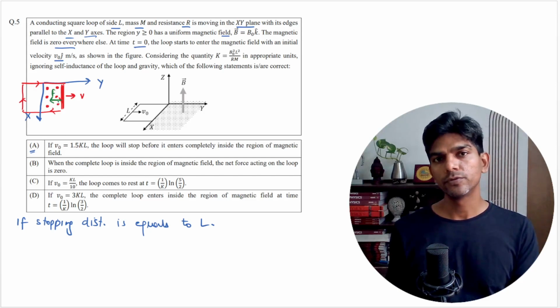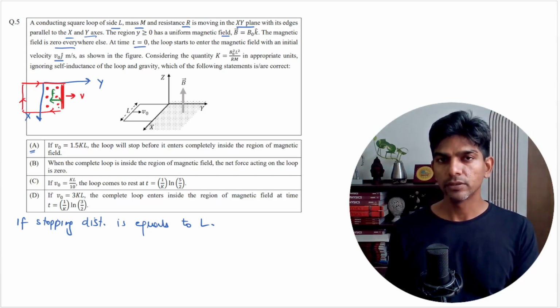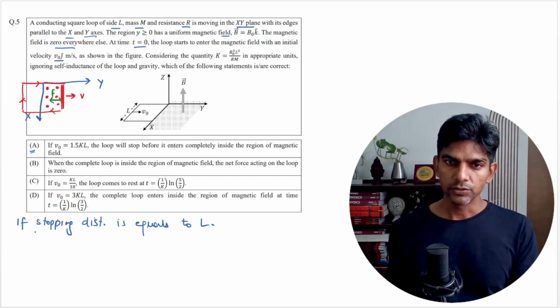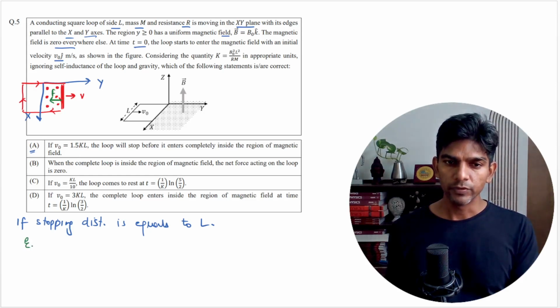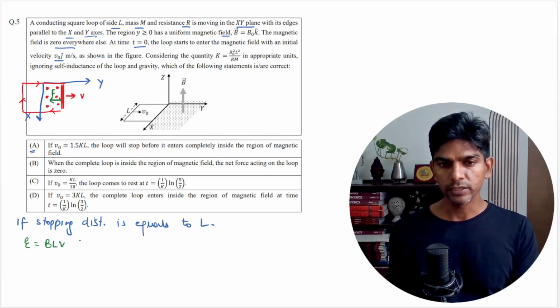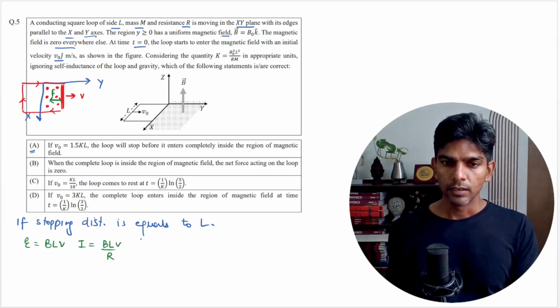Now due to this force, it will produce deceleration in the loop, right? So what we can write, the EMF induced will be BLV, where V is the instantaneous velocity, and the induced current will be BLV divided by the resistance, right?